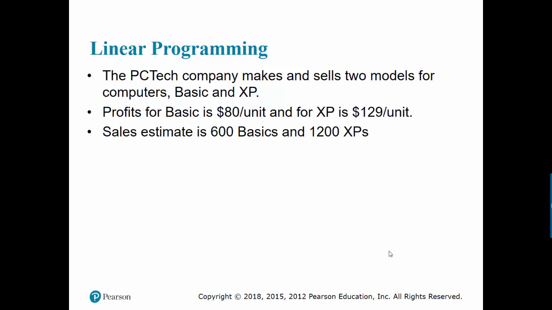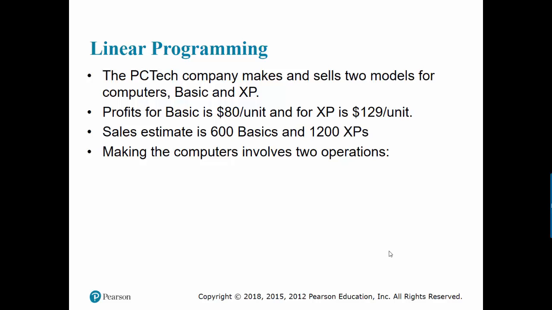And here are some restrictions. Sales are estimated to be 1,000 and 1,200. We don't want to produce more than the estimated sales, because if we did, we won't be able to sell all the production. So we want to keep the production within 1,000 and 1,200 for these two products.